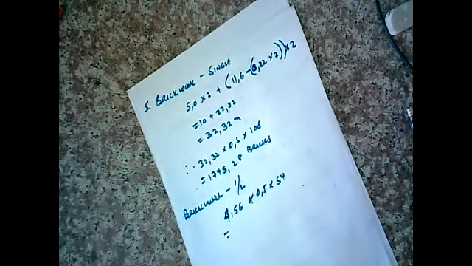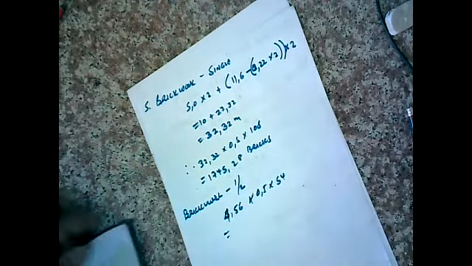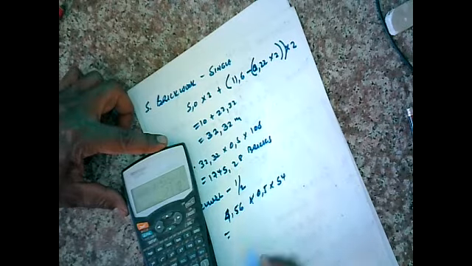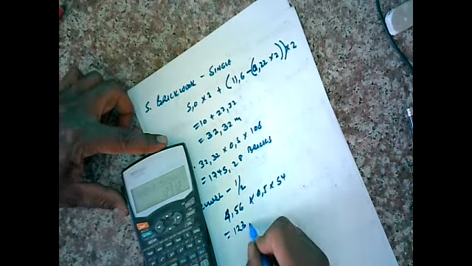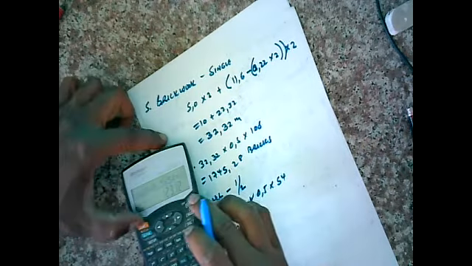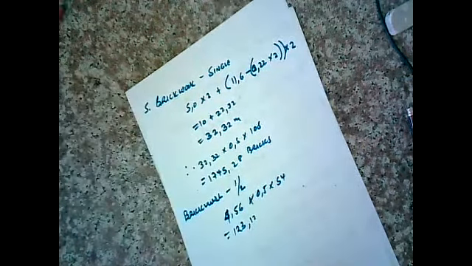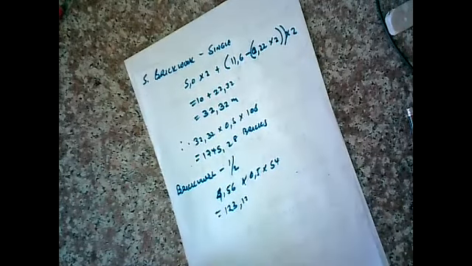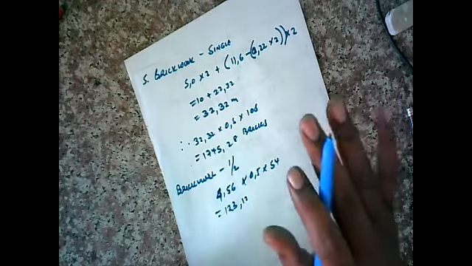And you get 1123.12. Right, so that's the brickwork for all that particular part of the structure.